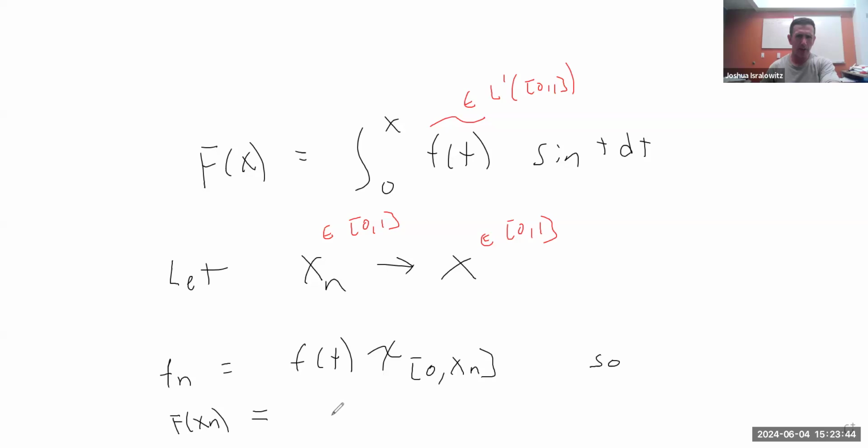So big F of xn would be what? Or maybe just make things a little more efficient. Let's stick a sine t in there. We want to prove big F of xn goes to big F of x.